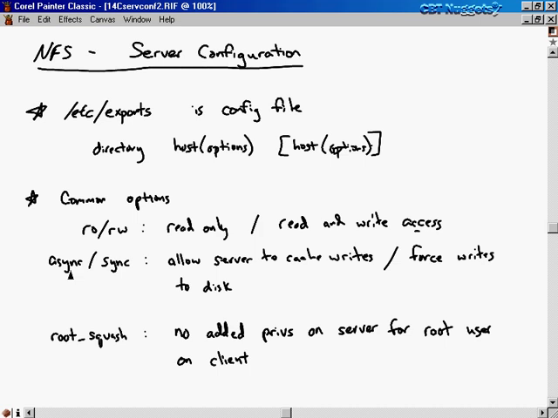Async says we're going to allow caching of those writes. So if some client machine is writing out to memory, here's the memory for the client machine, and it's saying, okay, I'm writing this change to disk, but what's happening is it's buffering in memory, and then when NFS sees fit, maybe when you've written enough data, this will go over the network to the server machine and write to the disk on the server machine, only when this buffer gets sufficiently full.